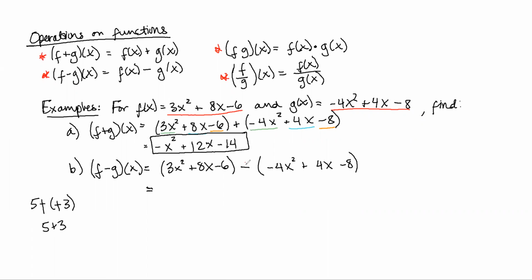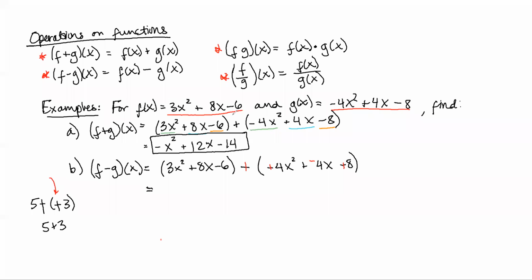So I'm going to change this to addition, and then change the signs of the polynomial that comes after the subtraction sign. Remember, over here, you only change the sign of that negative 3. You don't touch the 5. So over here, we're going to make this a positive 4x squared, a negative 4x, and a positive 8. That way you don't forget to distribute that negative.